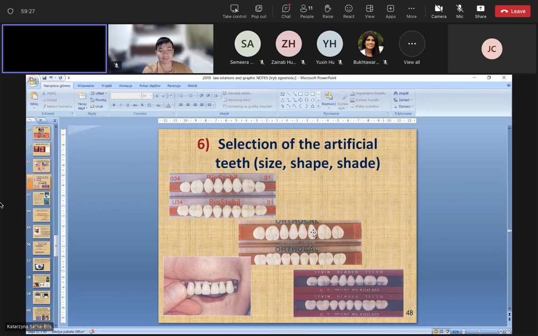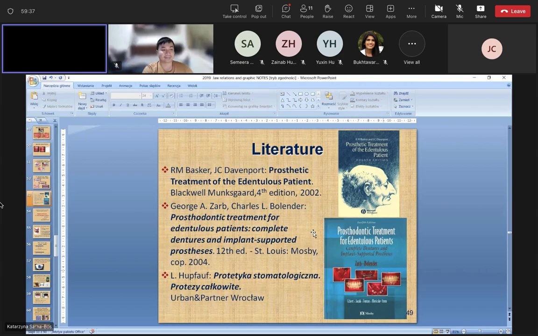We have some rules, so during this lecture, I will explain it to you. Okay, so that was the recording jaw relation stage, the third clinical stage of performing the complete denture.